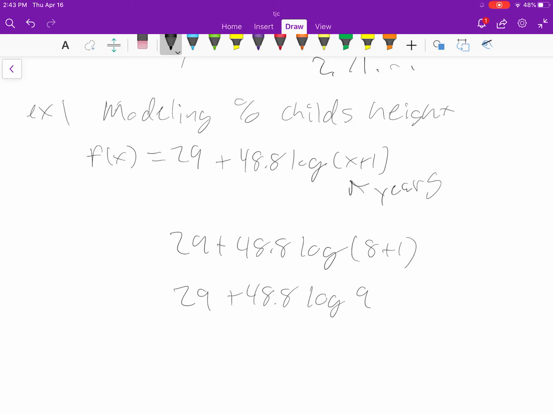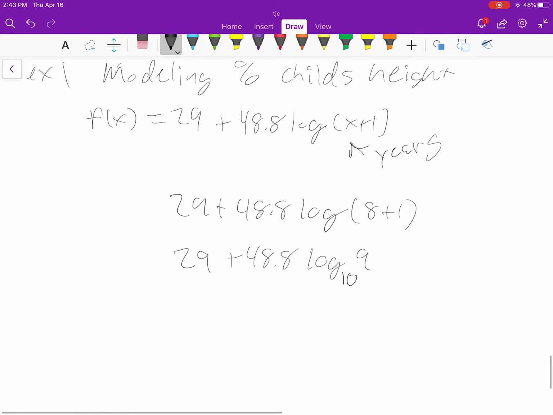Now, before I move over to a calculator to show you how to do this, anytime you don't have a base written for a log, it's understood to be base 10. It's not written, but it's understood to be 10. Now, you can also have base e, but how you write logs with base e is with the letters ln.